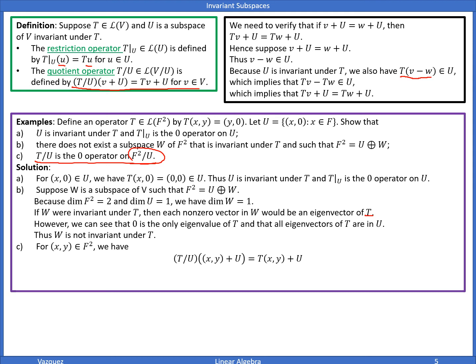That's by definition of quotient operator. That we know is equal to (y,0) plus U, again, just because of how it's defined up here. And we know that is equal to 0 plus U because of how U is defined.